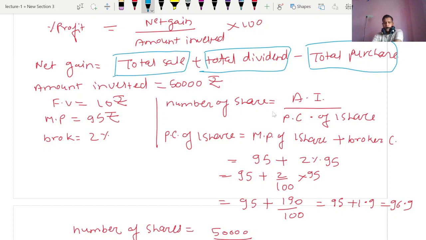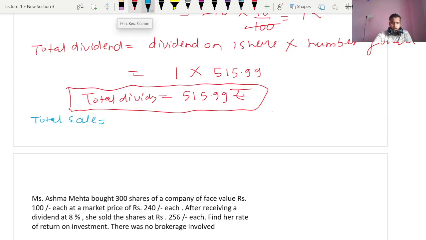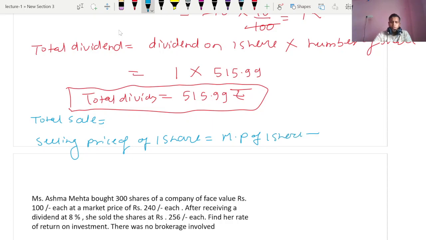To find total sell, what is total sell? Selling price of one share is equal to market price of one share minus brokerage charge.